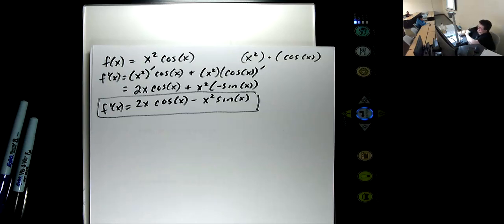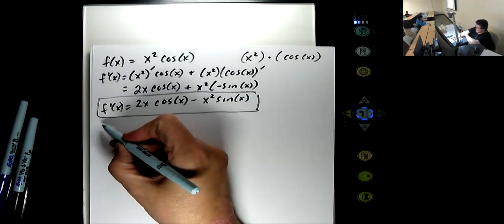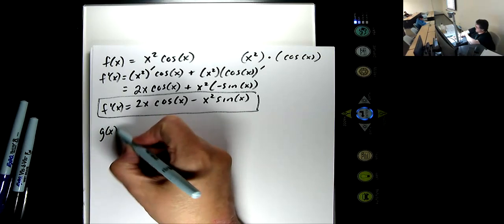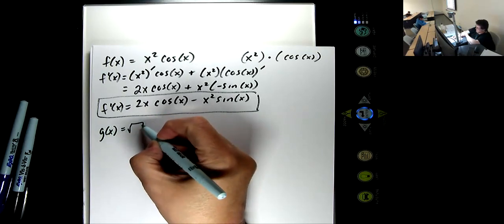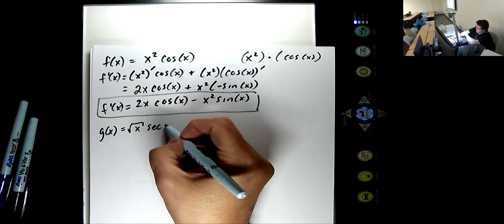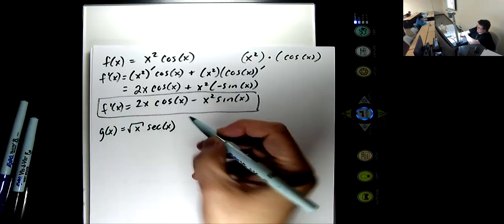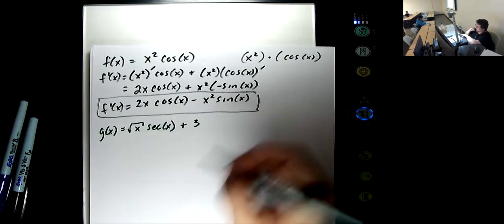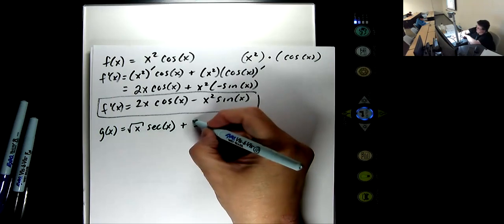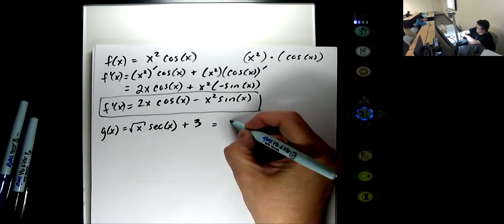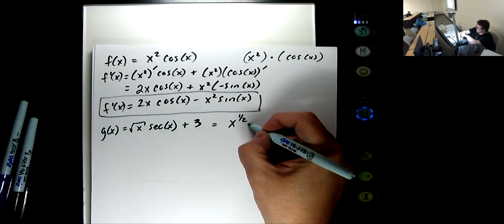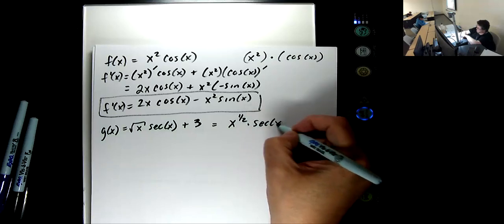Rude. All right, let's take a look at g of x. g of x is, I'm sorry, square root of x times secant x plus 3. I think this is a lot easier if I write this as x to the 1/2 times secant x plus 3.